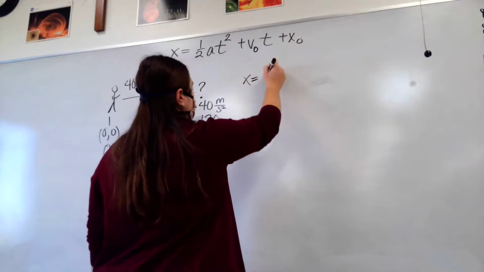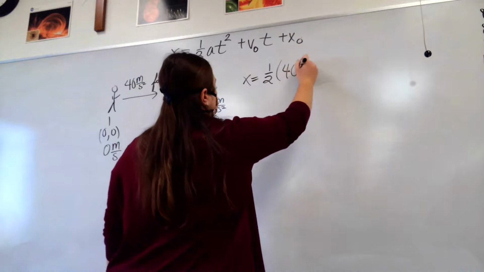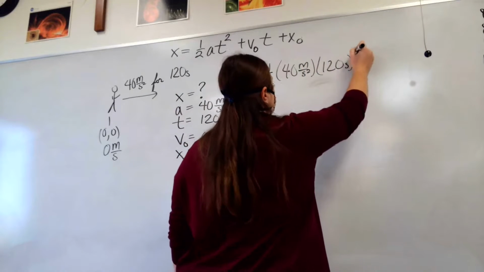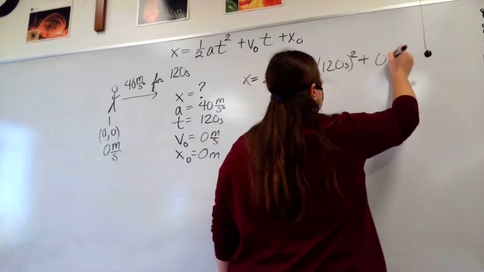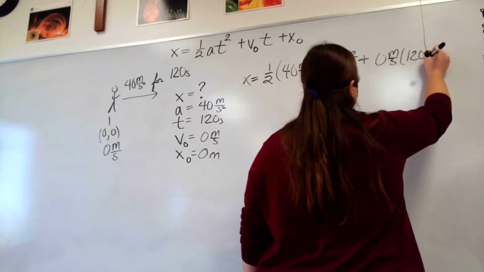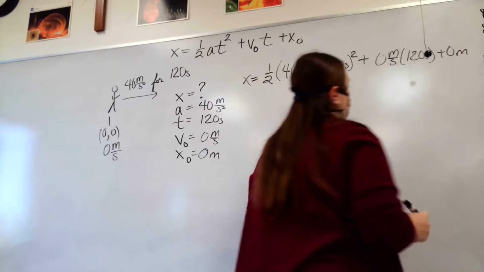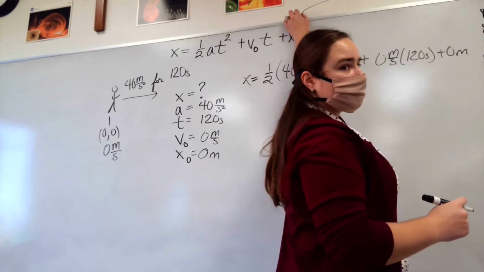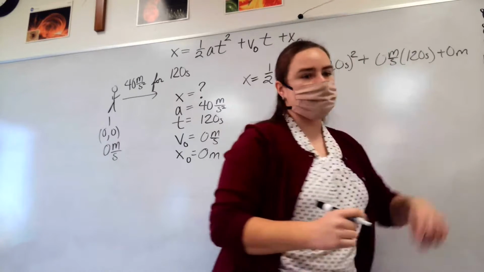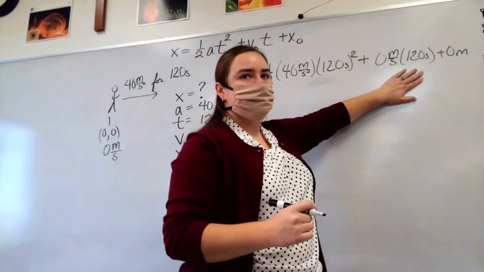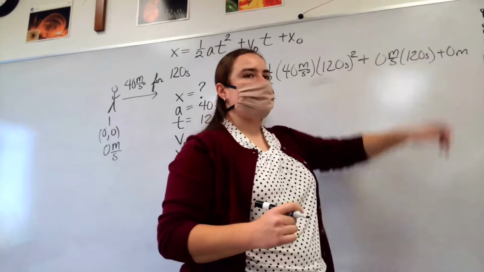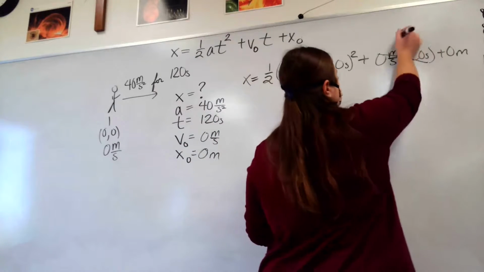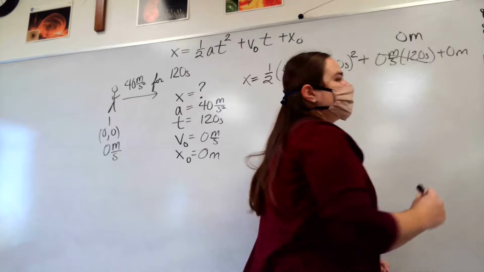All right, so I'm going to write this out real fast. As I said before, when we have zeros, it makes a big difference in this equation. So here, what's 0 times 120? 0, right? So we now have 0 here and 0 here.